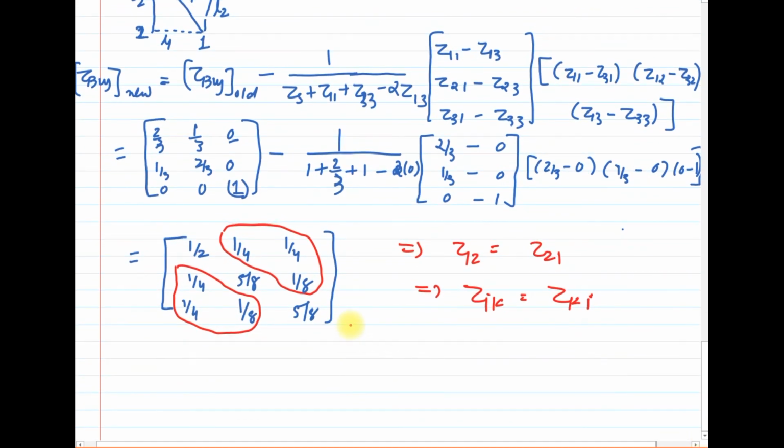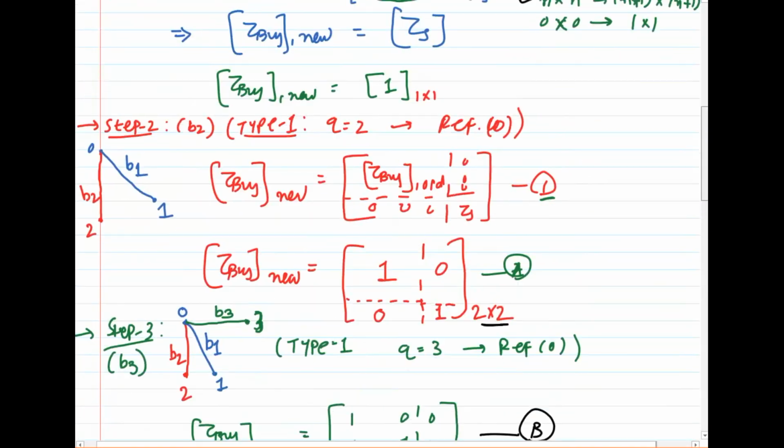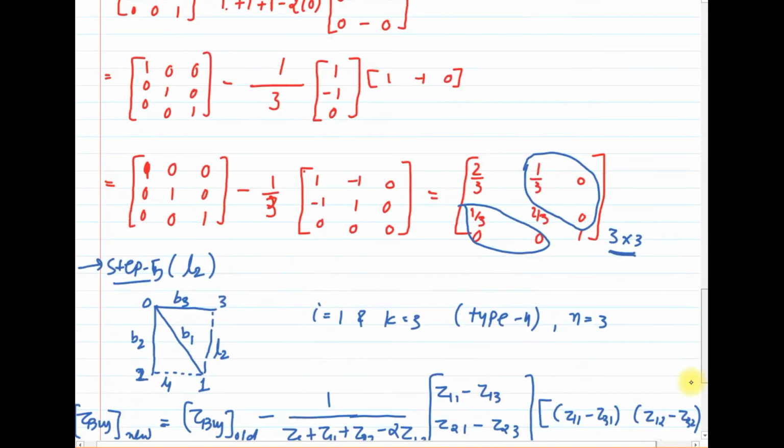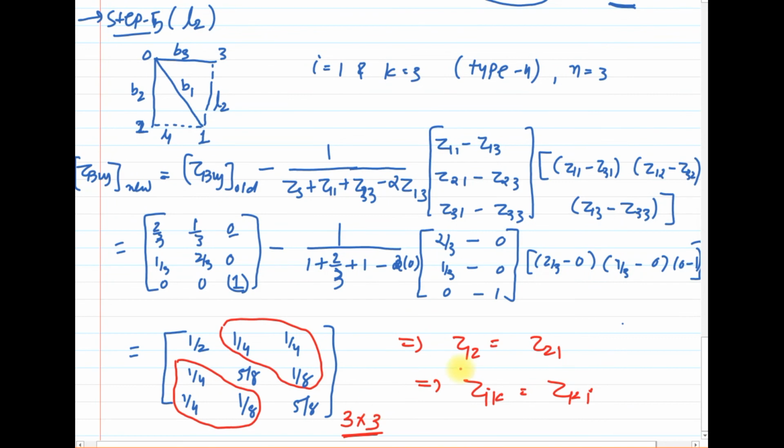Again, just verify the size of the Z-bus matrix will remain as the total number of buses in the system. Here, for this system, the total number of buses is 4, but among them one is your reference bus. So the total number of buses is equal to 3, and just verify the final answer, which is 3 cross 3.